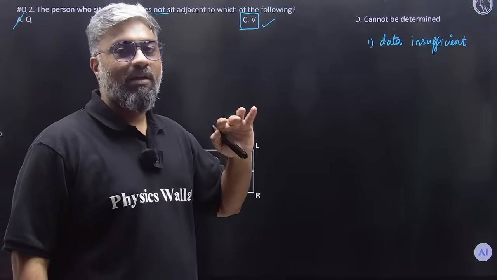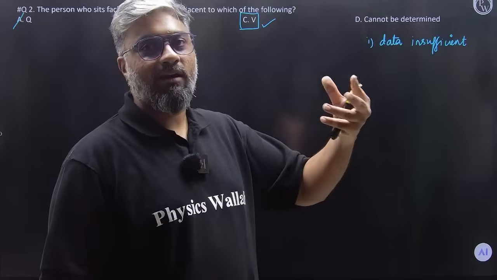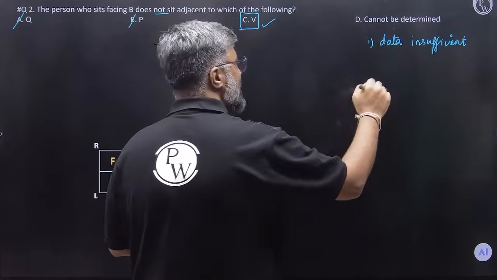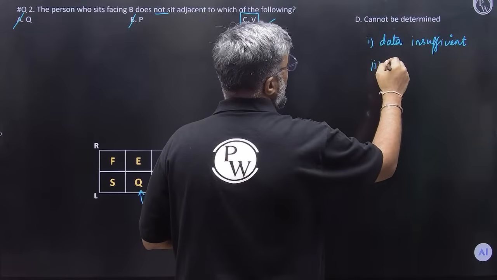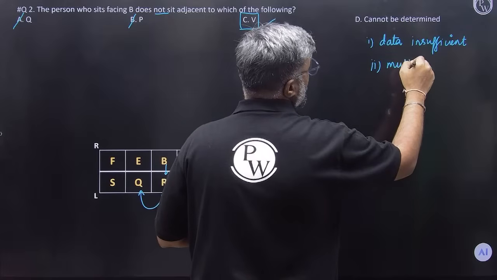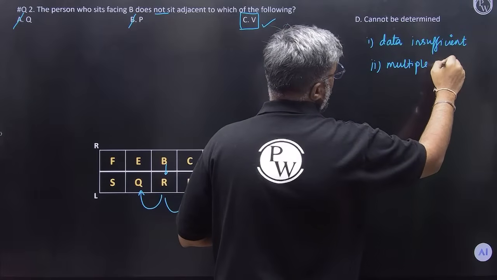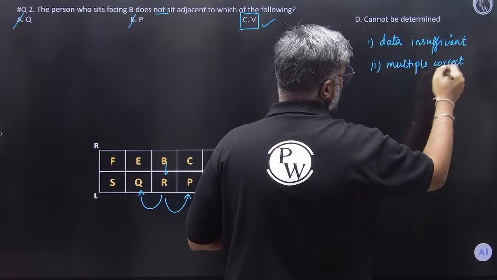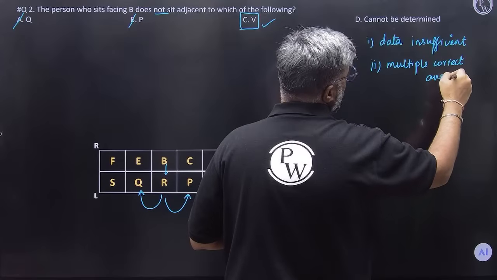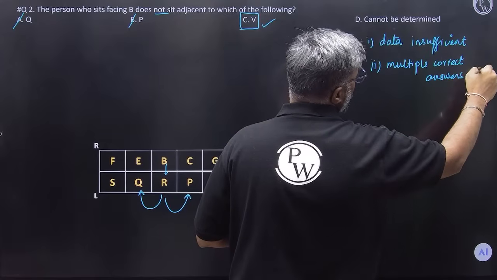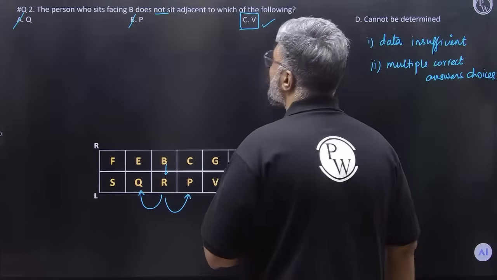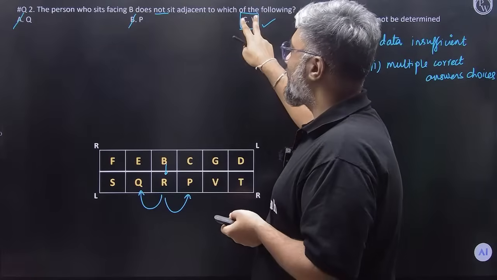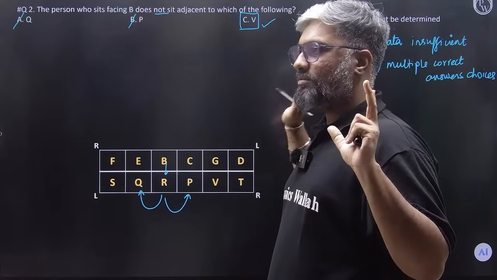In fact, we would have been happier if they had reduced some data also. But anyway, data is not insufficient. Two, multiple correct answer choices, not just multiple correct answers, but answer choices. Is that the case? No. V does not sit adjacent. That's correct. Good to go.